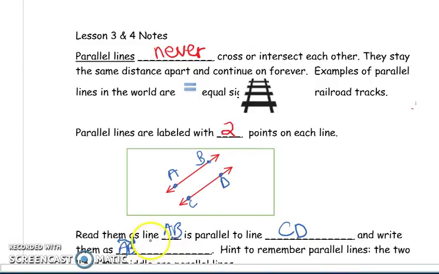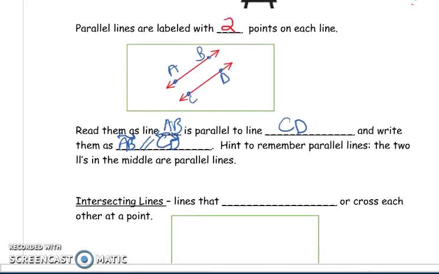And then we do this, it's like an equal sign that's diagonal. So 2 lines, like a diagonal equal sign. That stands for parallel to line CD, and we have to put the line symbol across that. Sorry, I didn't have a lot of room there.